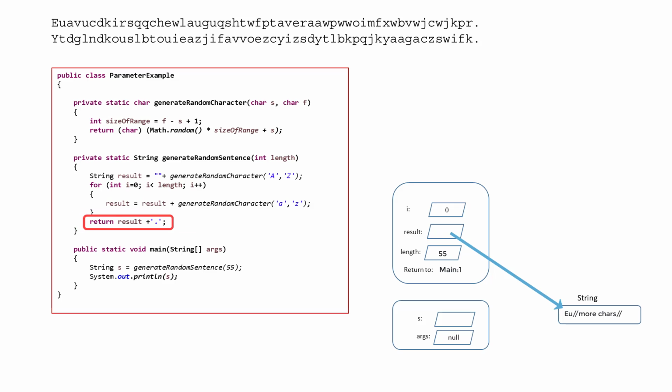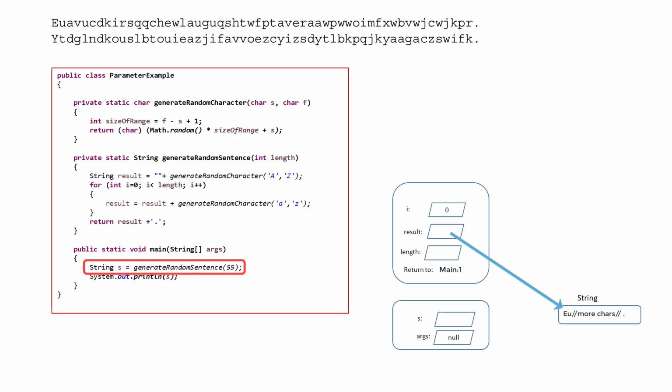At the end of that loop, we'll have a long string with one capital letter and a bunch of lowercase letters. This last return statement is going to concatenate a period onto the end of that and return that to the main. That return is going to look in the stack frame and see which line of code it's supposed to jump back to.